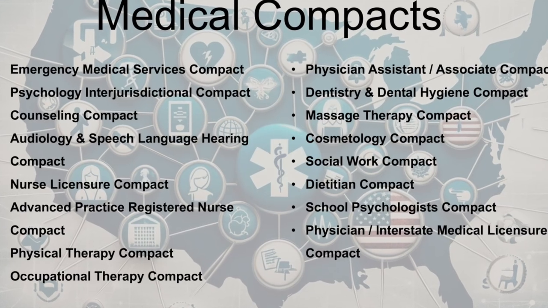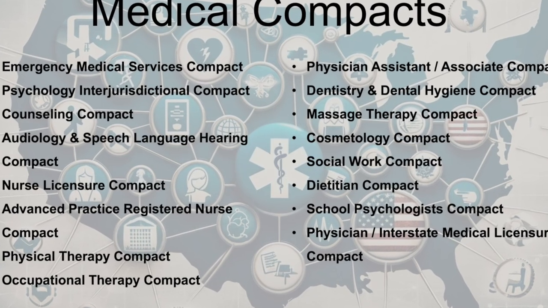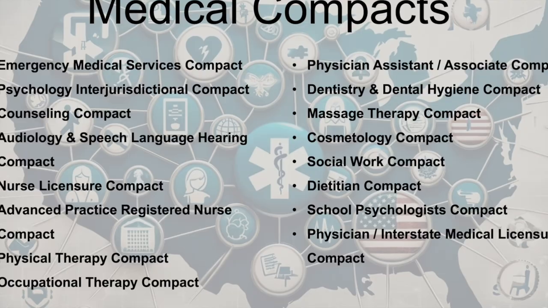Today, we're going to really focus on the EMS compact, but just for your awareness, there are psychology compacts and counseling compacts. You've probably already heard of the nurse licensure compact. You may have heard about the physician compact, but there's dental compacts, social work, physical therapy, occupational therapy, physician assistant. There are a lot of compacts that are out there.